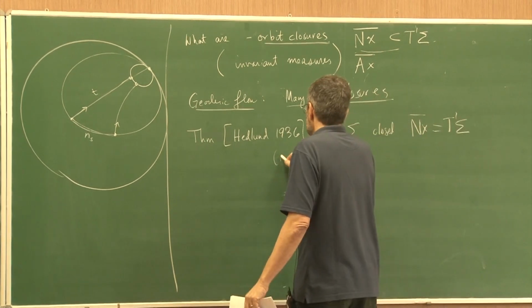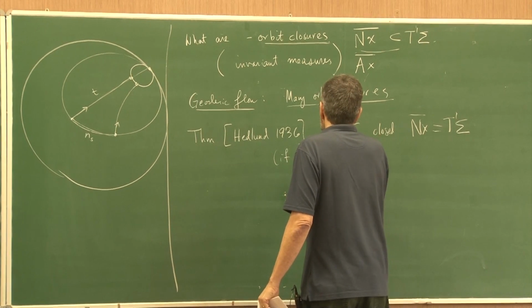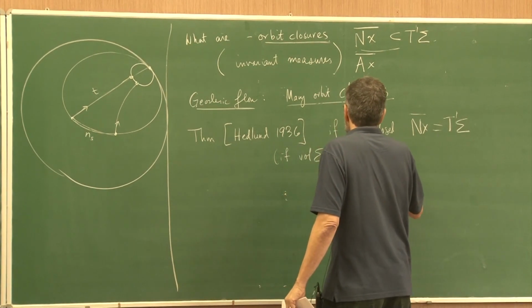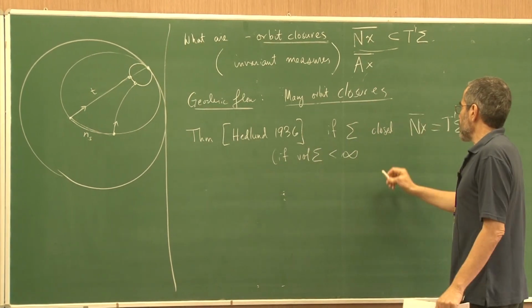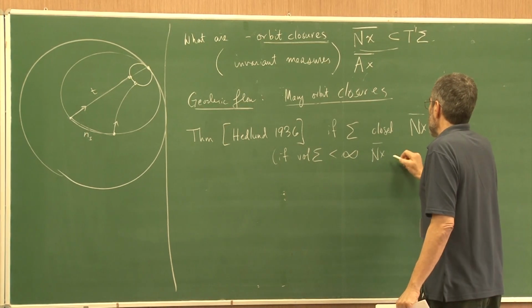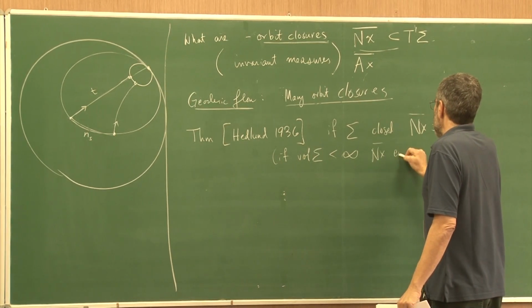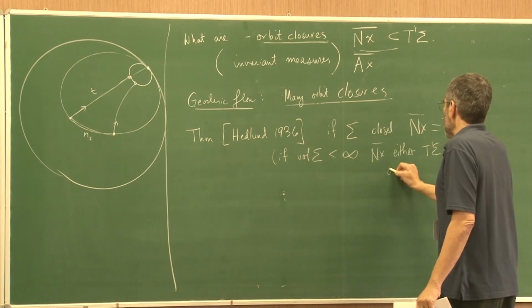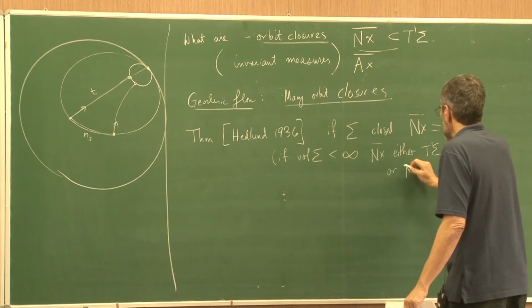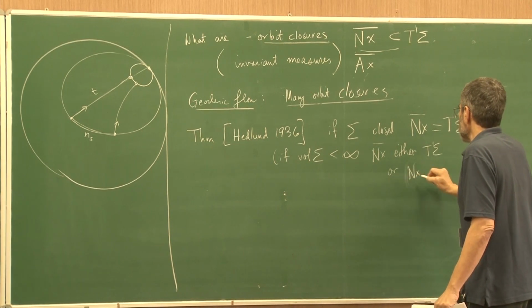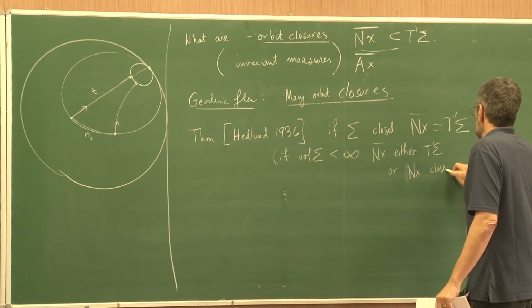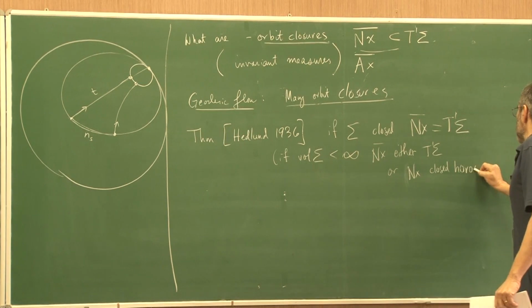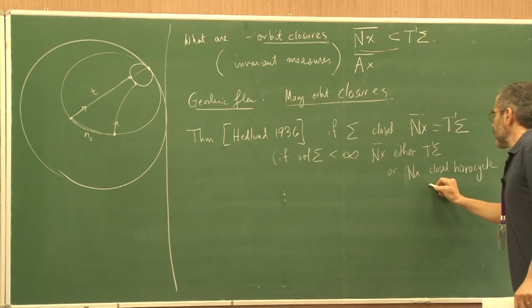And I should say, if it's not closed, but the volume of sigma is finite, then nx bar is either everything, or nx is already closed, and it's a closed horocycle associated to a cusp.